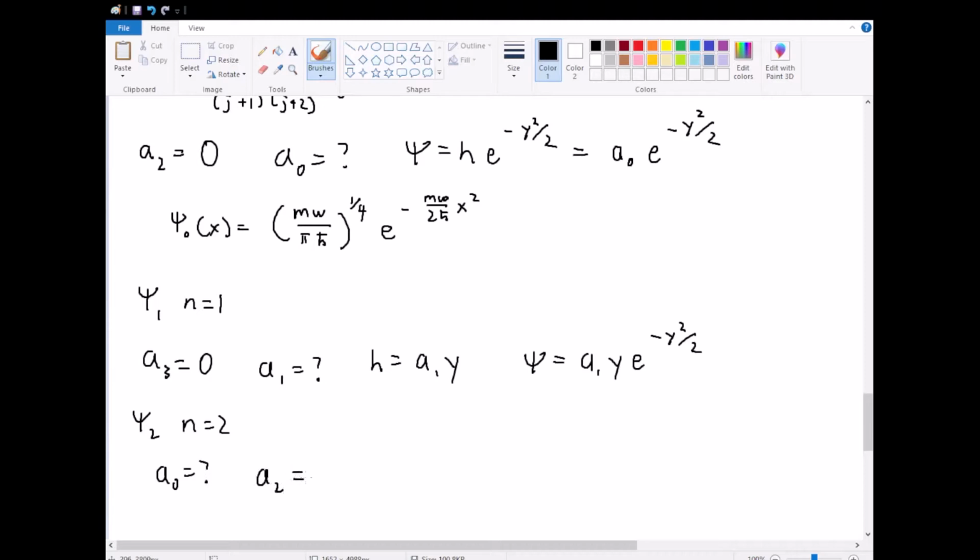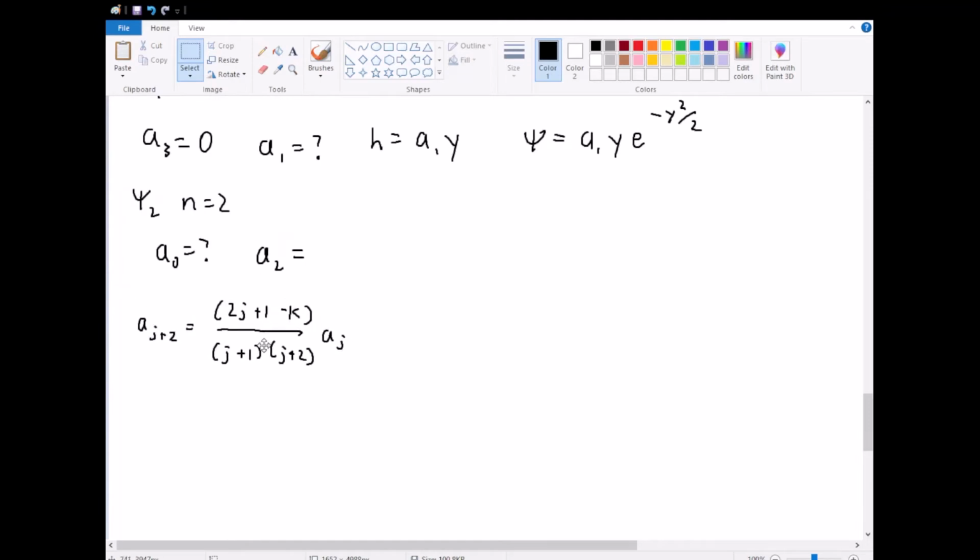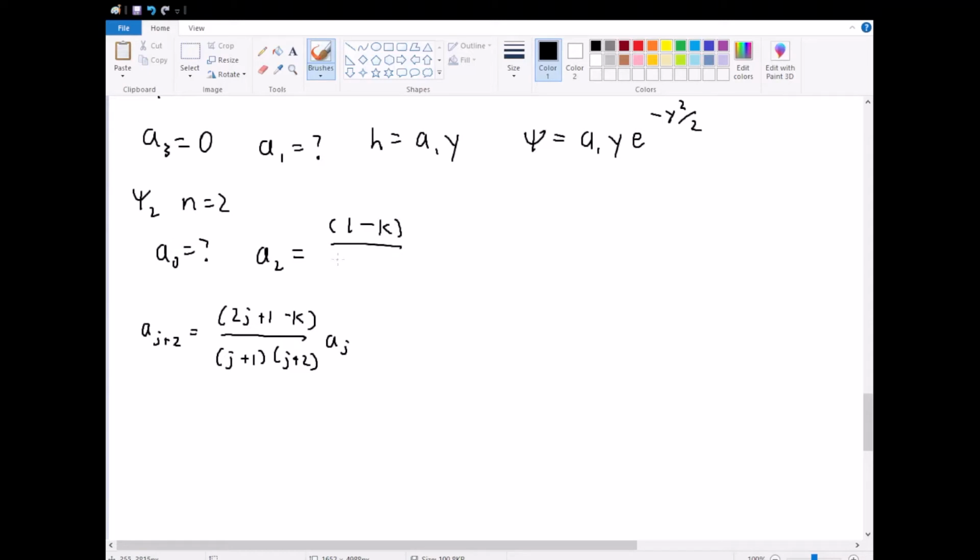A2 is going to equal, according to this formula, which let's copy paste down again, since j equals 0 here, 0 plus 1 minus k over 1 times 2 times a 0. So this is just going to be 1 minus k over 2, a 0.